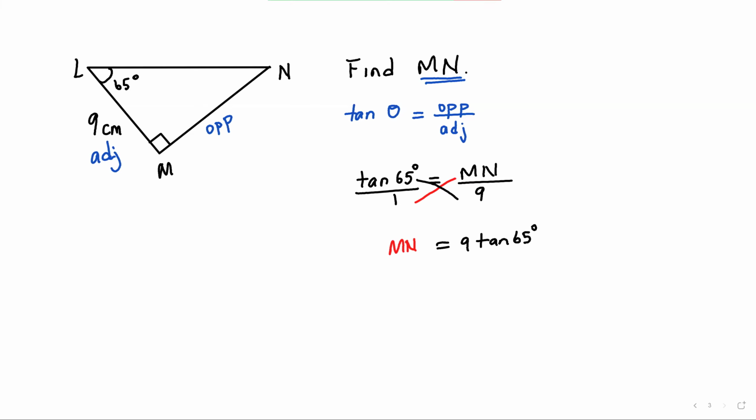So the side MN is equal to 19.3 centimeters taken to one decimal place, or three significant figures. Is that okay, guys? Mm-hmm. All right.